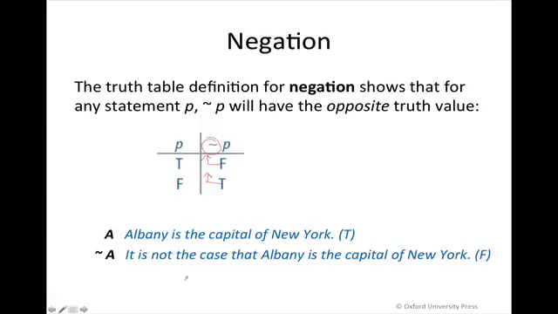So let's take, for example, the sentence, Albany is the capital of New York, and that is true. If we assert it's not the case that Albany is the capital of New York, we're asserting a sentence that's false, right? Let's take another example. If I say Pierce College is in Woodland Hills, California, I know that sentence is true.